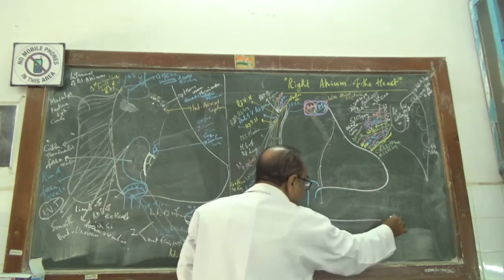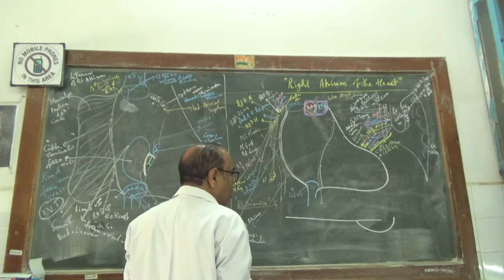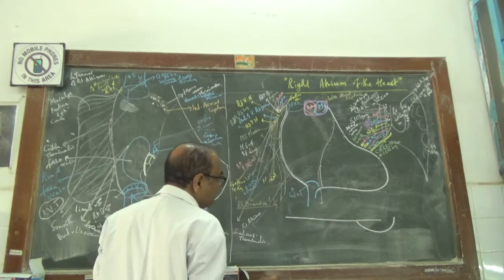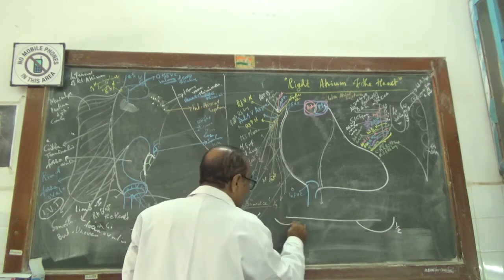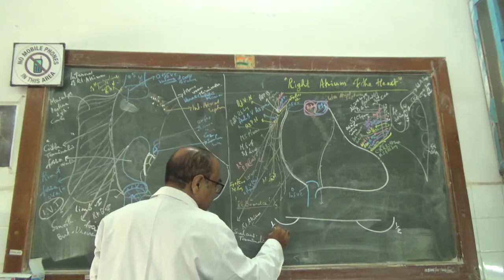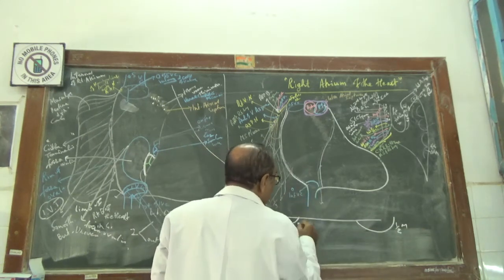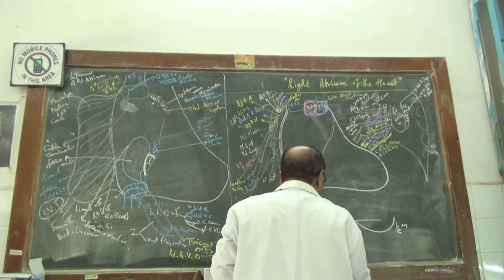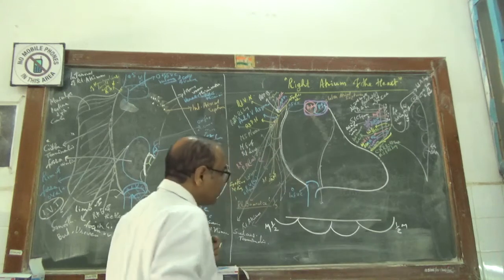So this will be the septal cusp or the medial cusp. Then the remaining half of the medial cusp will be here. This is the anterior cusp. This is the posterior cusp.